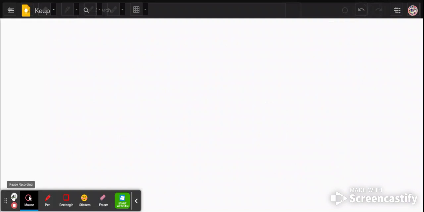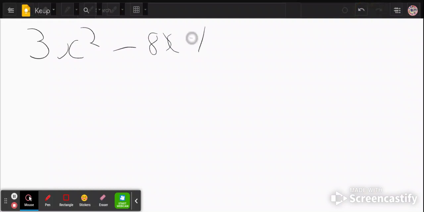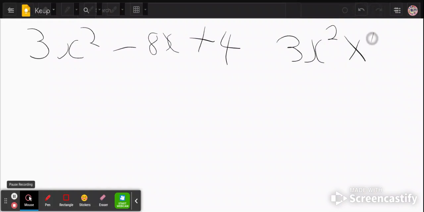Let's proceed. So this is our final example, right? 3x squared minus 8x plus 4. All right, so we need to do our A times C method. We need to multiply 3x squared times 4, which will give us 12x squared, right?